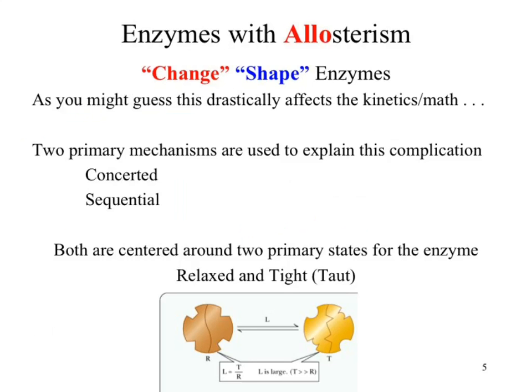So changes with our shapes. As you might very well guess, this is going to drastically change our kinetics, or our kinetic models, and the mathematics ultimately behind them. And I know as much as we all loved that last section with all the kinetics and the algebra and all the numbers changing and shifting and all that fun stuff, thankfully we don't have to look at that again.